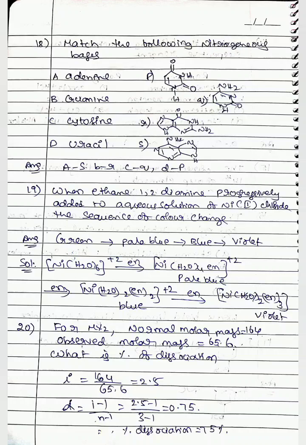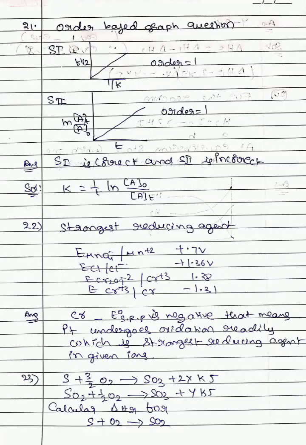By substitution, you get 2.5 as the Van 't Hoff factor. In order to calculate percent of dissociation, we have another formula, that is alpha is equal to (i minus 1) by (n minus 1). And here we are getting percentage of dissociation as 75%.